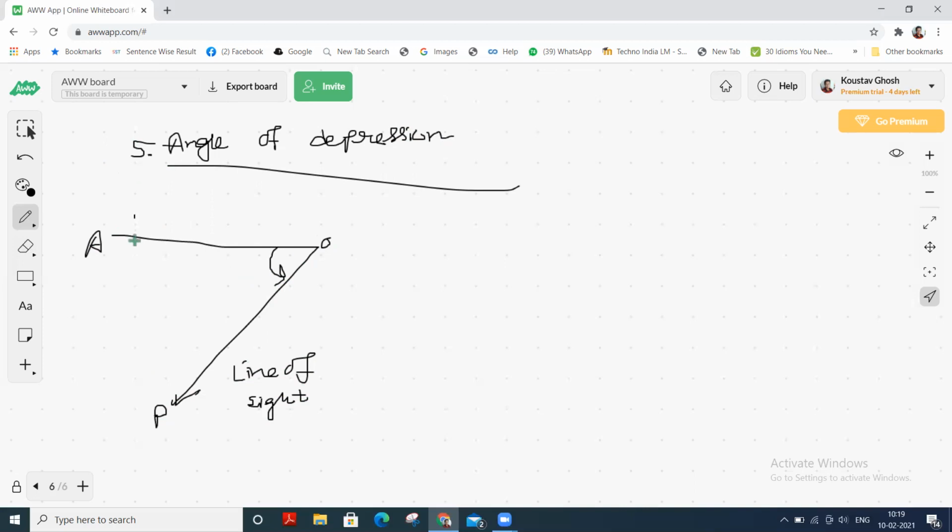This is the horizontal line, and this is the angle of depression.